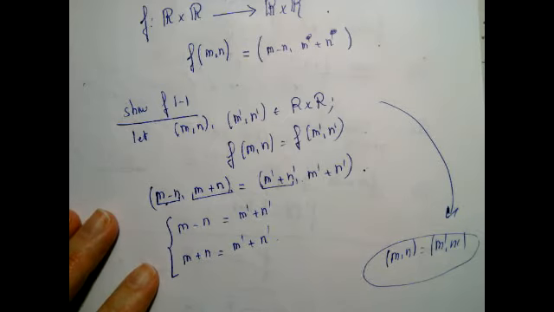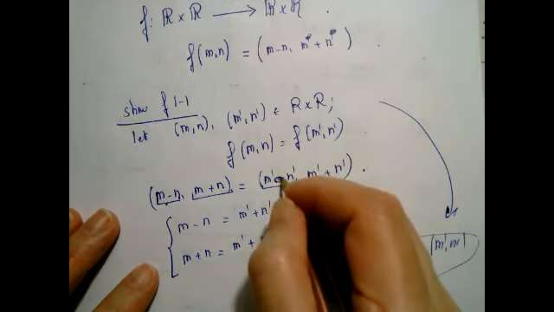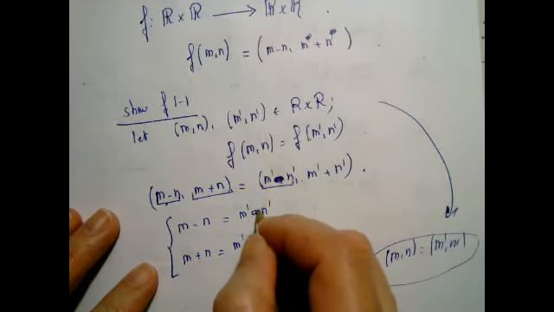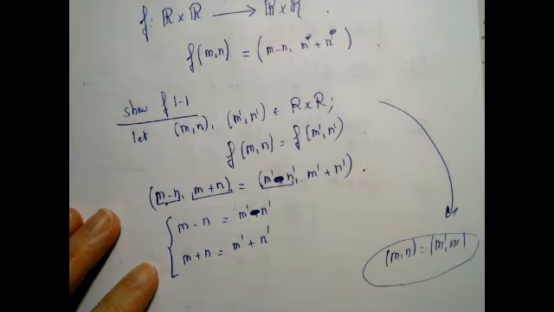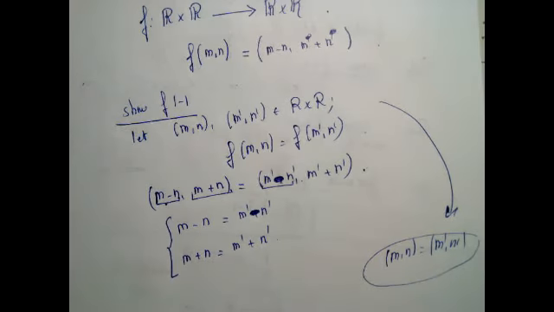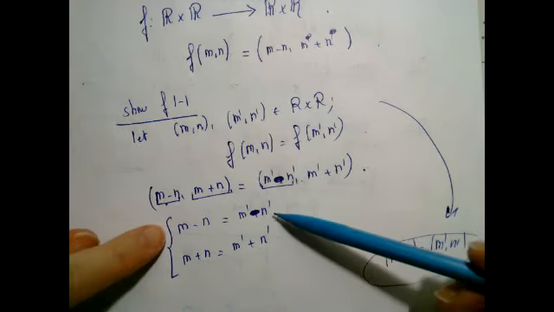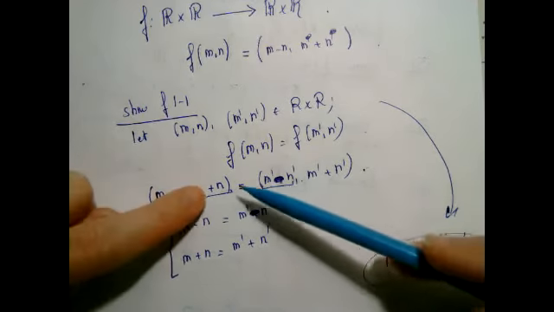For m prime plus n prime, isn't it supposed to be m prime minus n prime? Okay, thank you very much. You're right. How can I get to here? Help me out. I have this entry equal to that, and this equal to this.